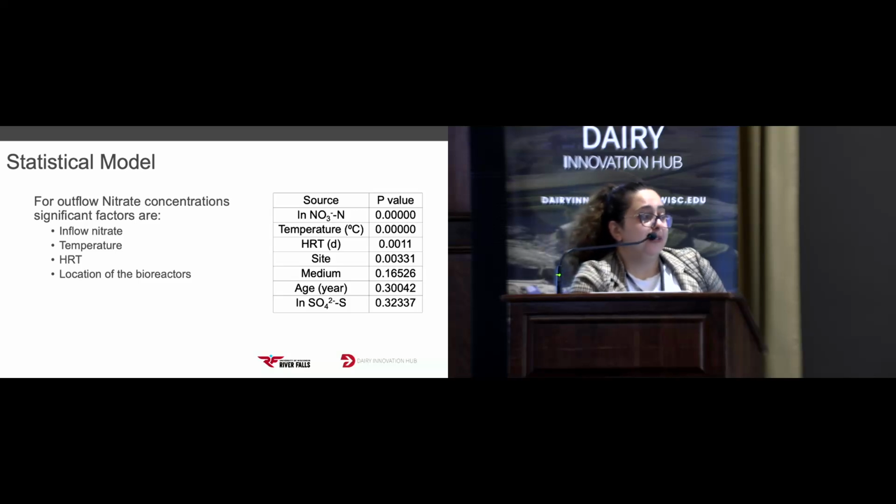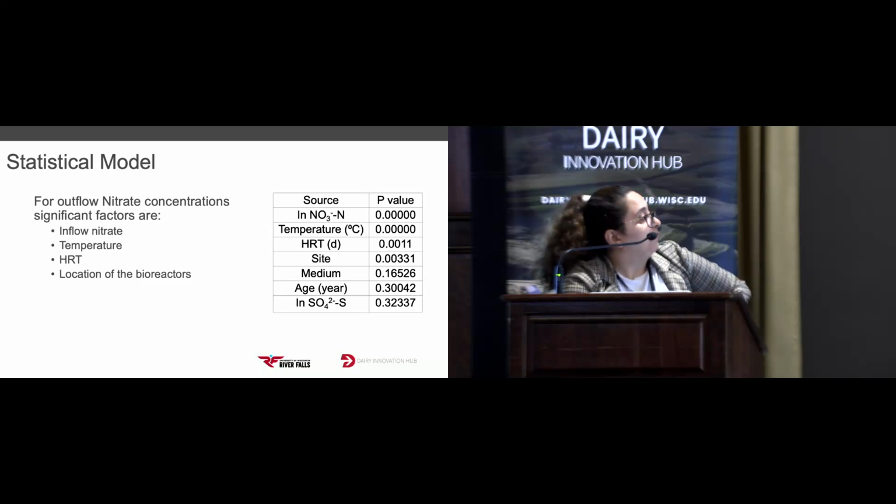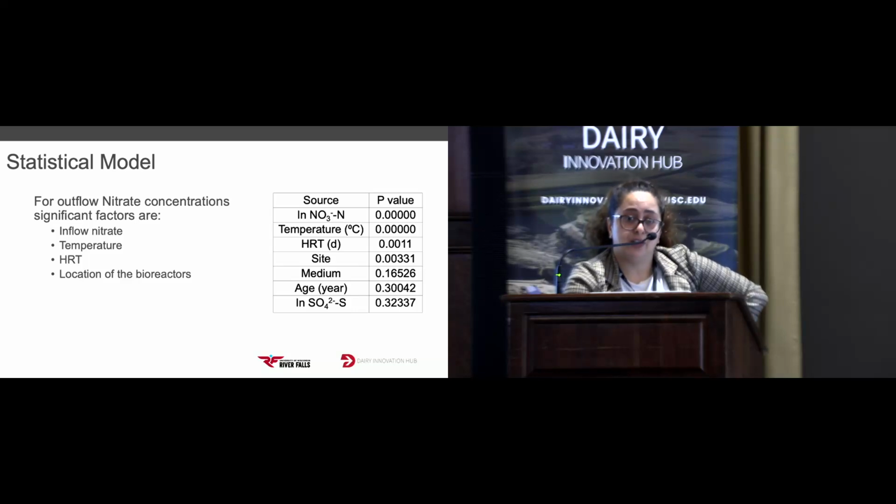We did some statistical analysis based on the observations that we had. The outflow nitrate concentrations depended on the inflow nitrate concentrations, what was going in. The temperature was important. HRT, the retention time, was important.